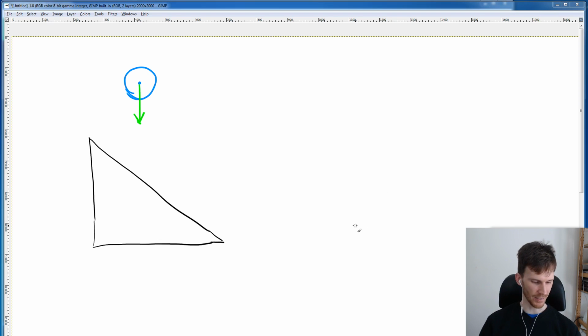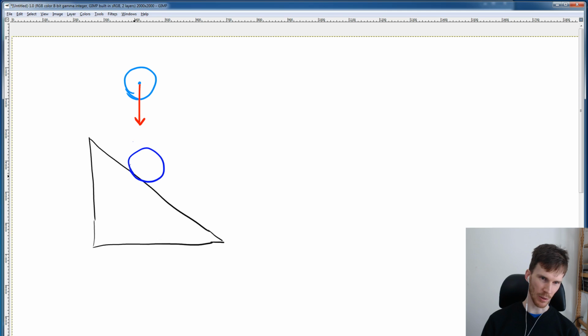I've reversed my colors here, haven't I? And then we hit this thing. It doesn't really matter where we hit it, because we're only thinking about the response here, not the actual collision. And we end up with a new velocity vector.